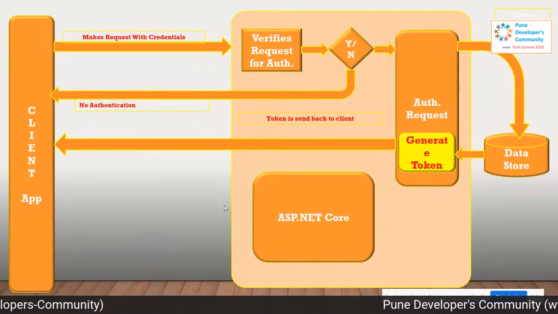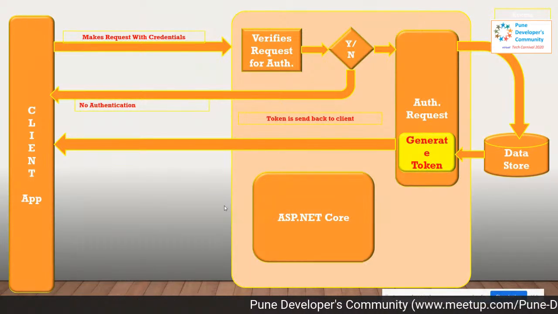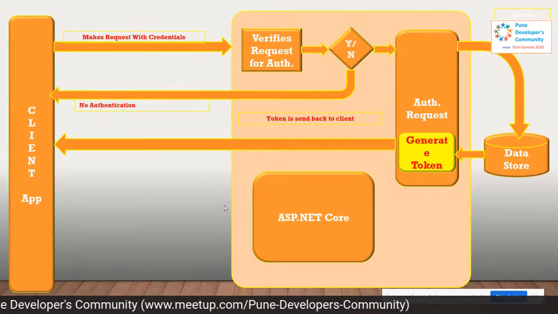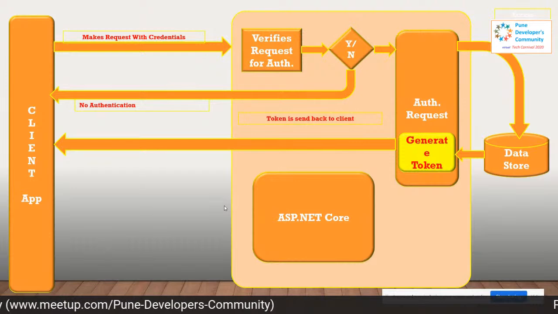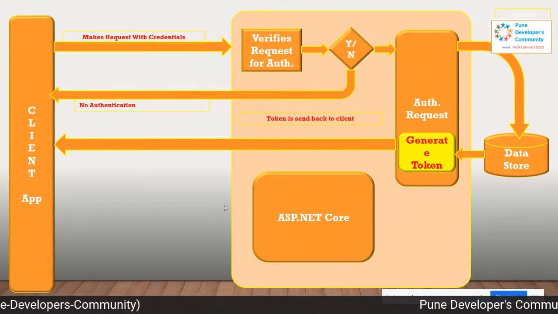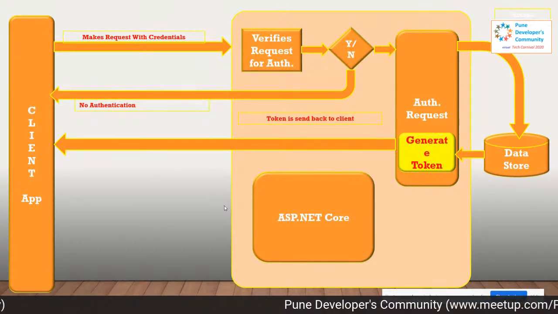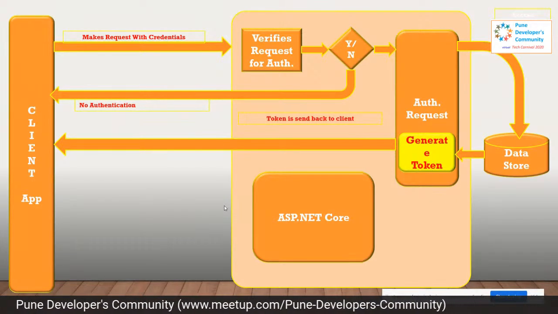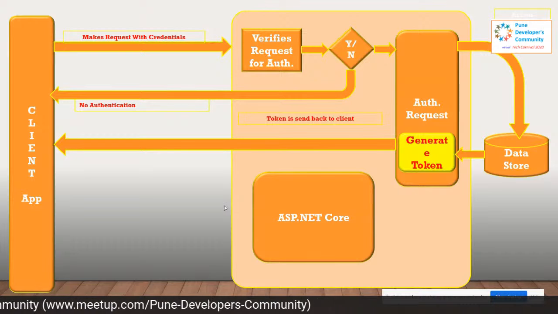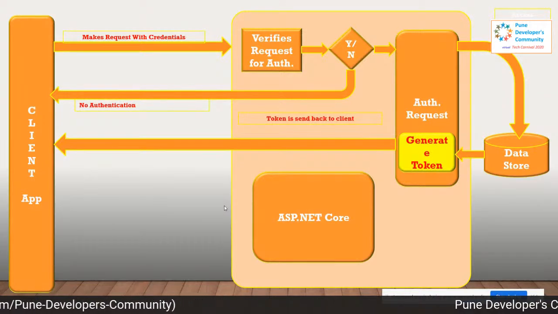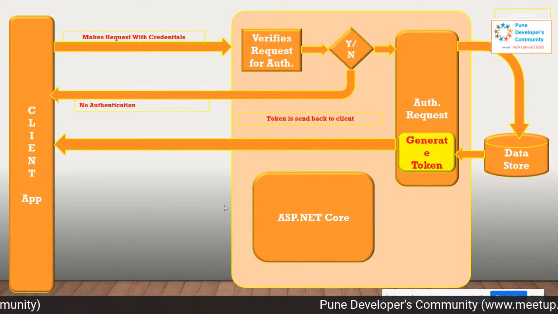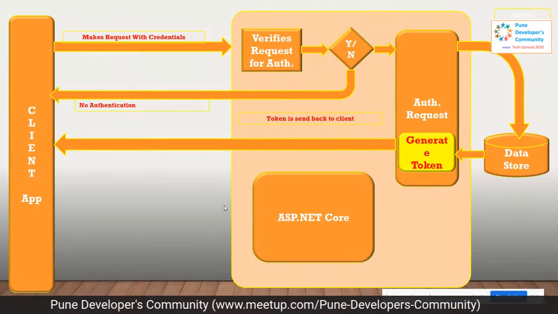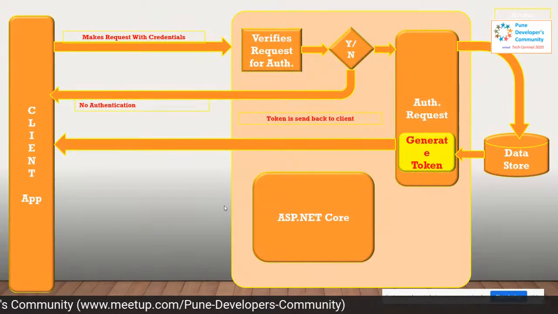But then again, based upon what type of client technology you select, you are supposed to decide where it will be stored. It's up to you. Now, the token will also be stored in the server's process, or you can also write your own logic of storing the token in a persistable storage on the server side. Again, this is as per your architecture.